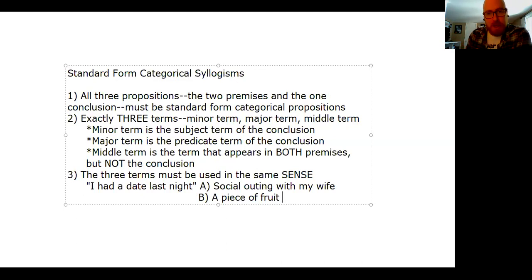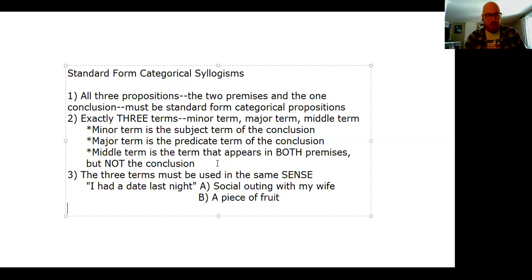If the terms are ambiguous, we need to make sure that we're communicating the same thing. That's the case not only with categorical logic but anytime we're trying to communicate effectively. We need to make sure that our terminology is clear, not ambiguous, not vague, and doesn't admit of borderline cases.